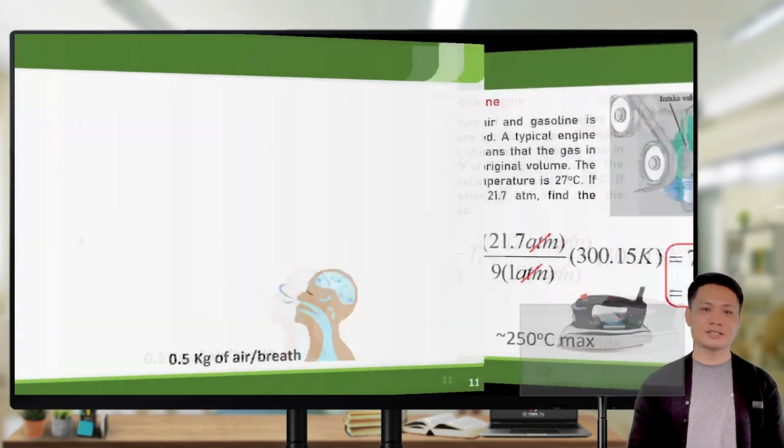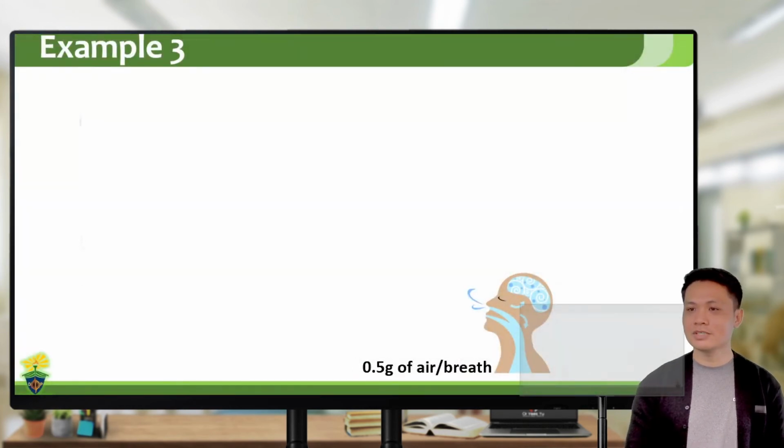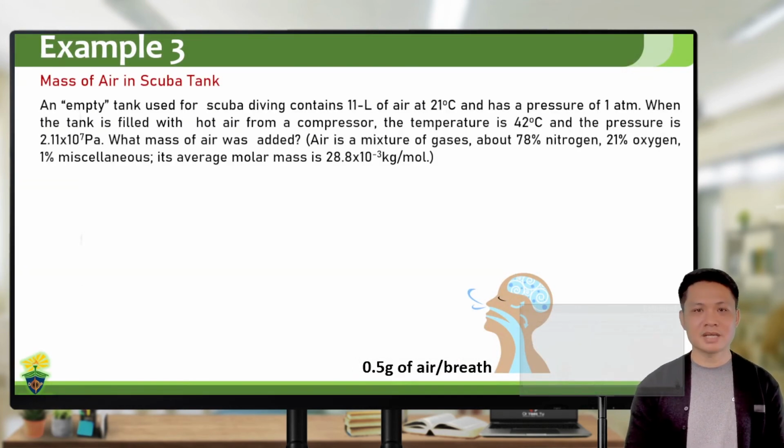And for our next example, we'll consider a mass of air inside a scuba diver's tank. An empty tank used for scuba diving contains around 11 liters of air at 21 degrees Celsius. And because it is empty and open, it may have a pressure of 1 atm.